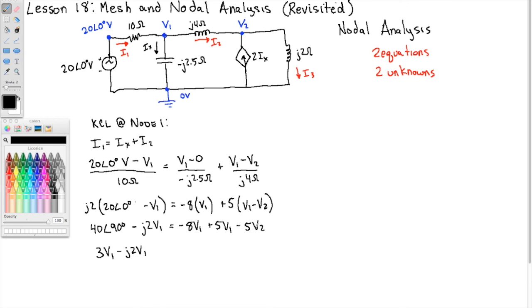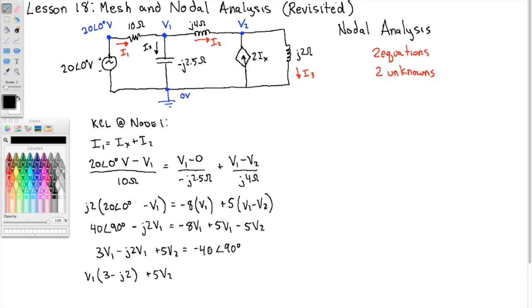Then if I move the minus 5 V2 over to the left, that gives me plus 5 V2. And moving this over makes minus 40 angle 90 degrees on the other side. Let me factor out the V1: so this is 3 minus J2 times V1, plus 5 V2.